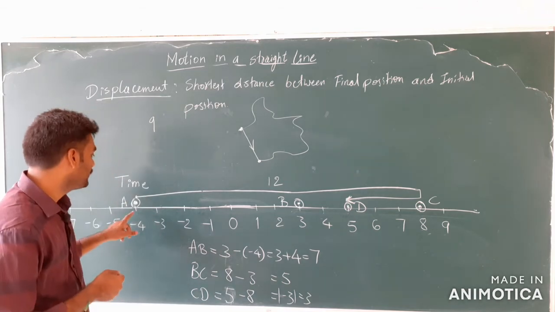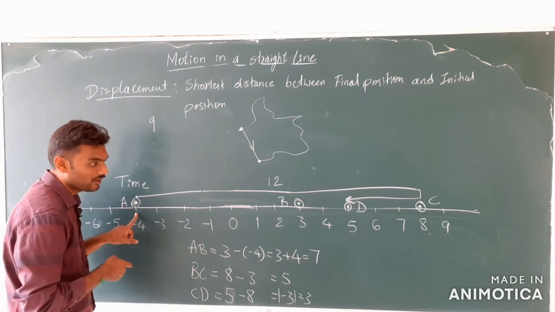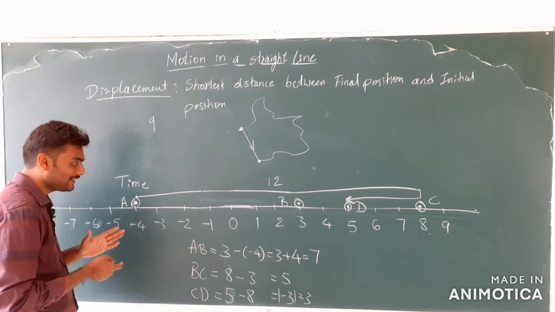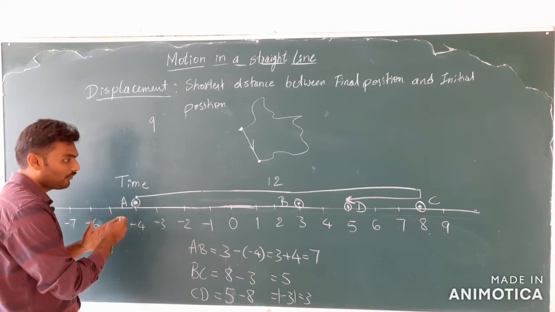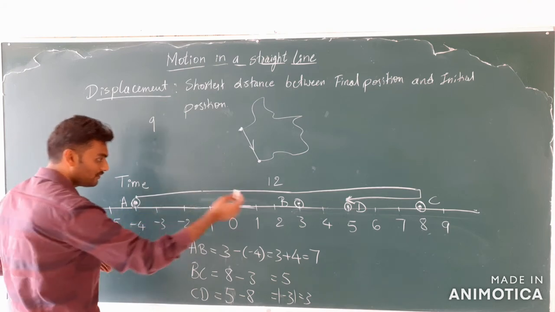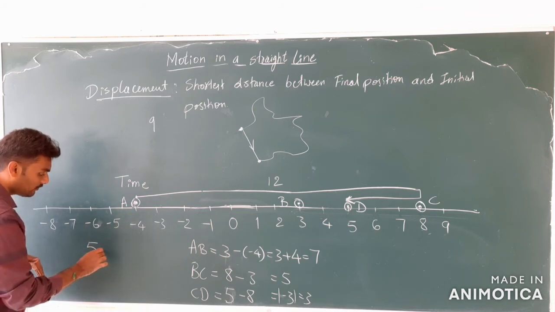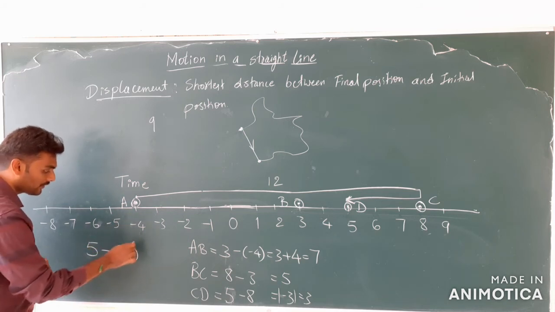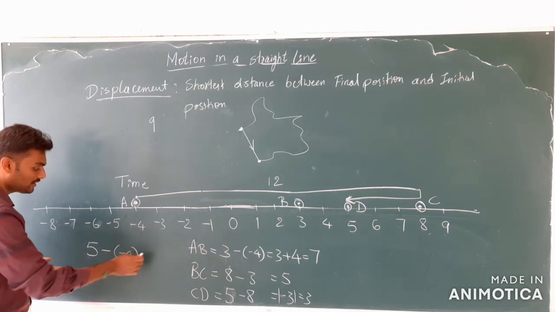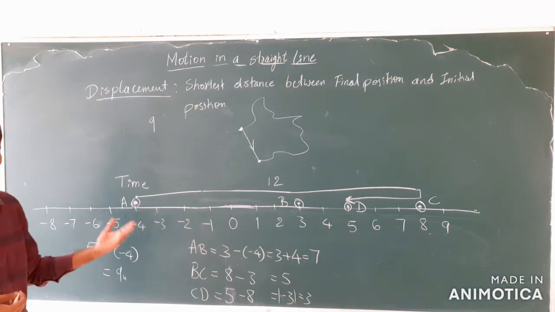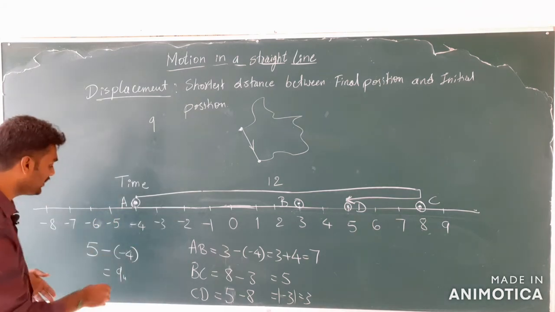So now, for this example, if I say what is the displacement, I can easily say the displacement is final position minus initial position. Finally, it is 5. Initially, it is minus of minus 4. Final minus initial, which is equal to 9 units. So, the displacement of the body is plus 9 meters.